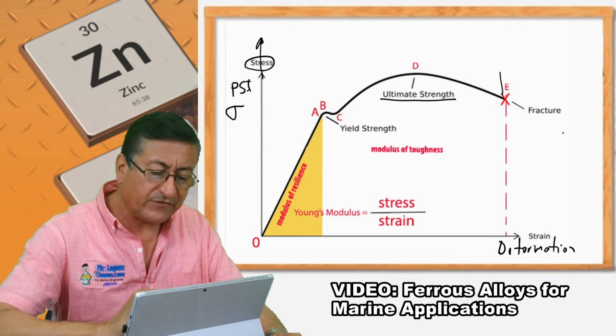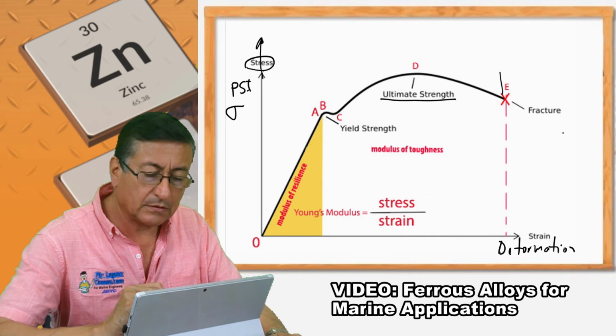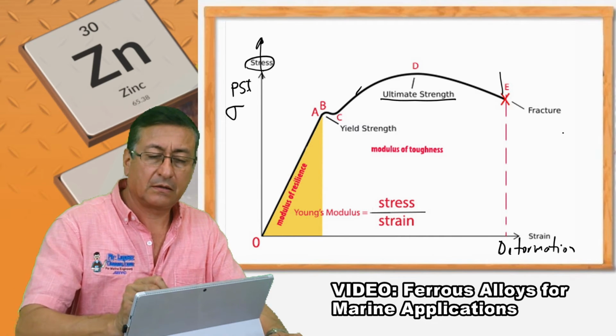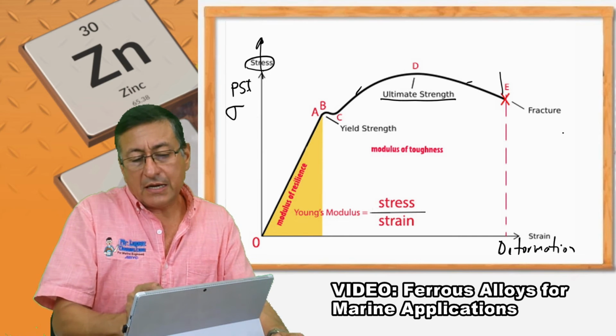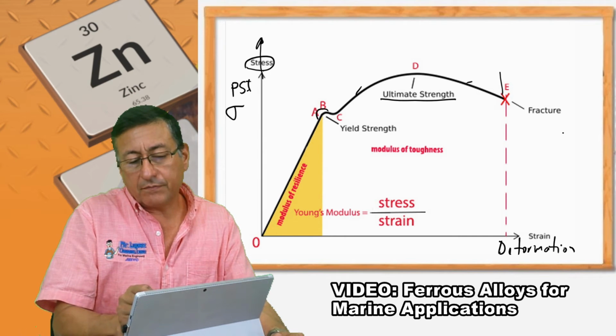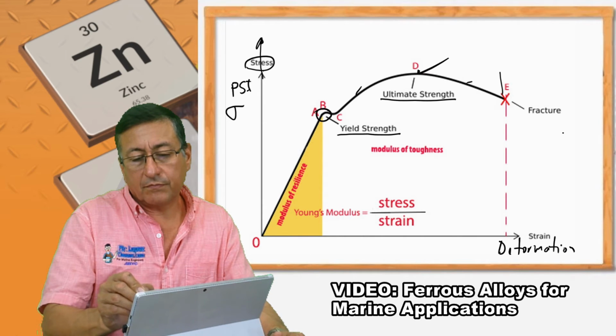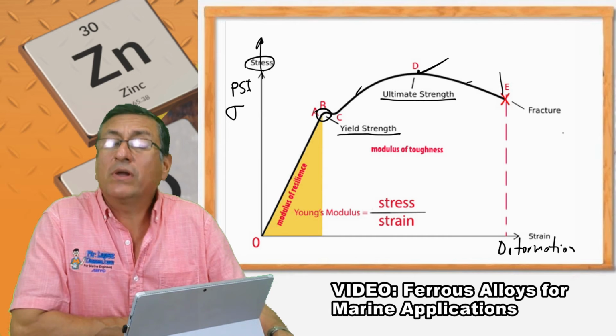And the curve is like this. And this is the yield point. And this is the ultimate strength. What is the meaning of that?